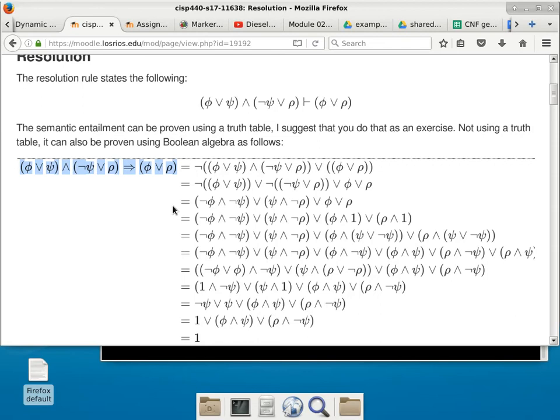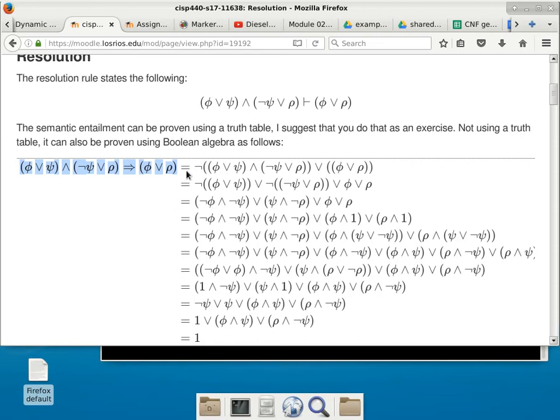You can use a truth table. If you use a truth table, it will only have 8 rows in this case, because we only have 3 independent variables: phi, psi, and rho. And you can see the actual proof is longer. Using actual Boolean algebra to prove this is longer than 8 lines. So using a truth table is the quicker way to do it.